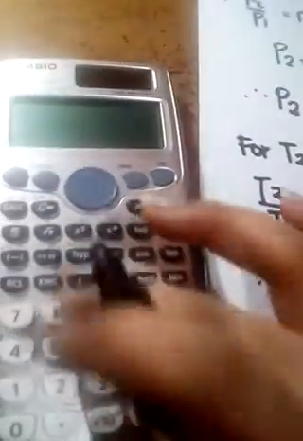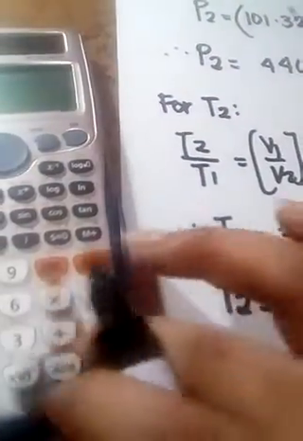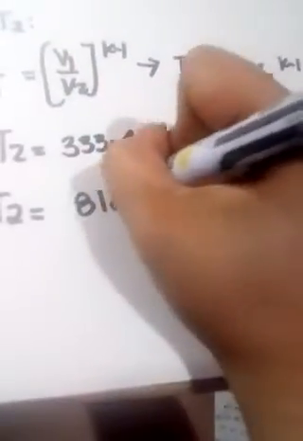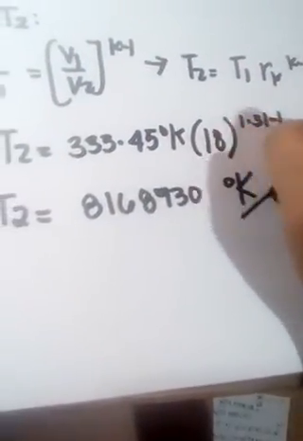Therefore, T2 is 816.893 degrees Kelvin.